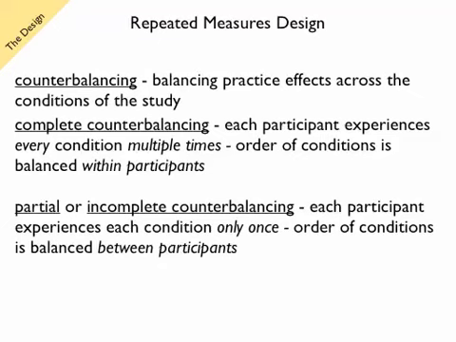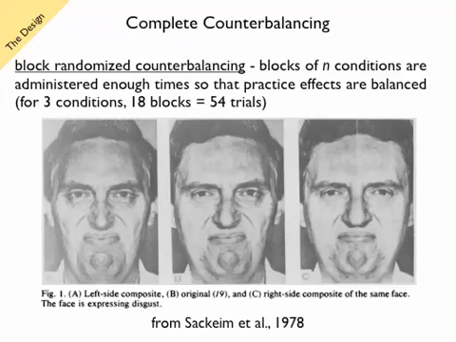The first type of complete counterbalancing is called block randomized counterbalancing, and I'm going to use an example from a study done by Sackheim et al. in 1978, and it's a pretty famous study. You may have seen some of these pictures before, and it's about the expressivity of human faces. These are actually photographs of actors who have been asked to make facial expressions expressing certain emotions.